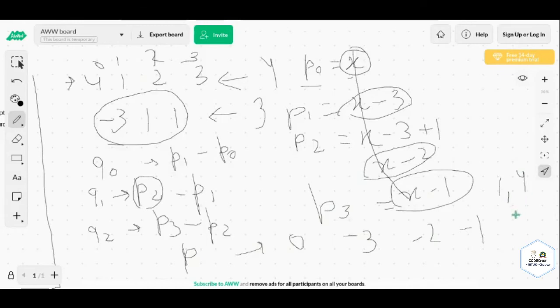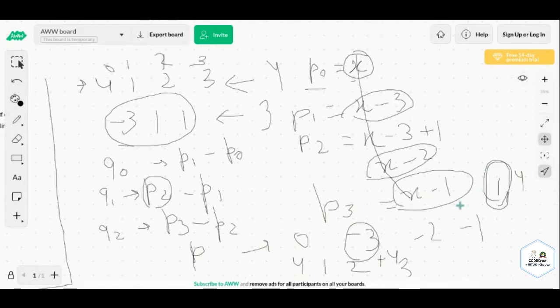We know the minimum number in a permutation is 1, right? So what is the minimum number here? That is minus 3. Now we have to make minus 3 equal to 1, so we add 4 to every element. It becomes 4 plus 0, 4; 4 minus 3, 1; 4 minus 2, 2; and 4 minus 1, 3. So now the permutation is restored.